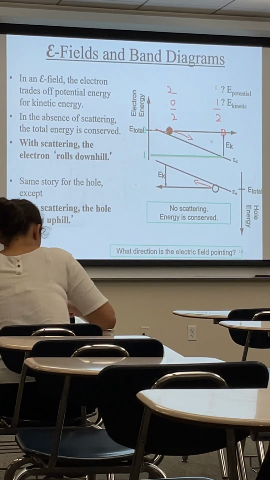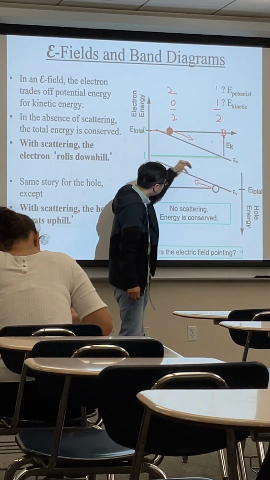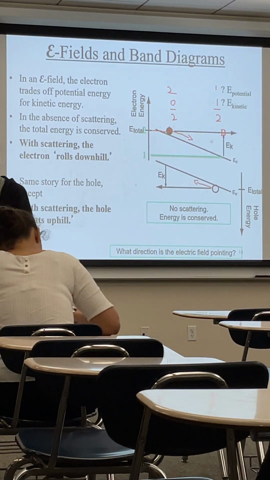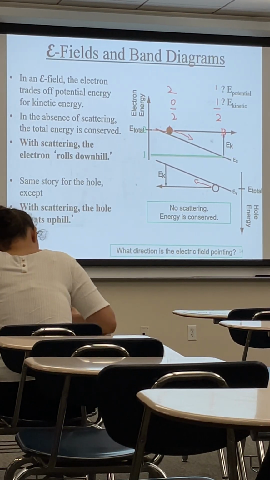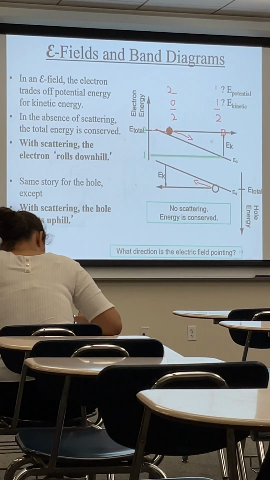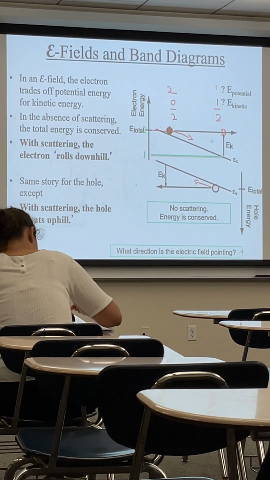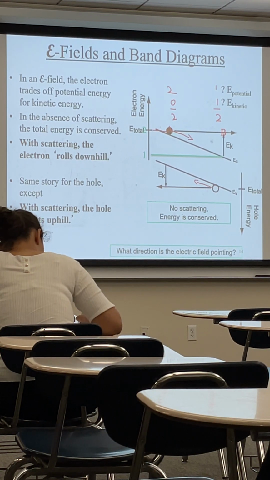But if I don't have the electron here, and only show this band diagram, how can you determine the electric field direction? You can assume there's an electron that falls down, right? And the electron moving direction is opposite to the electric field direction.